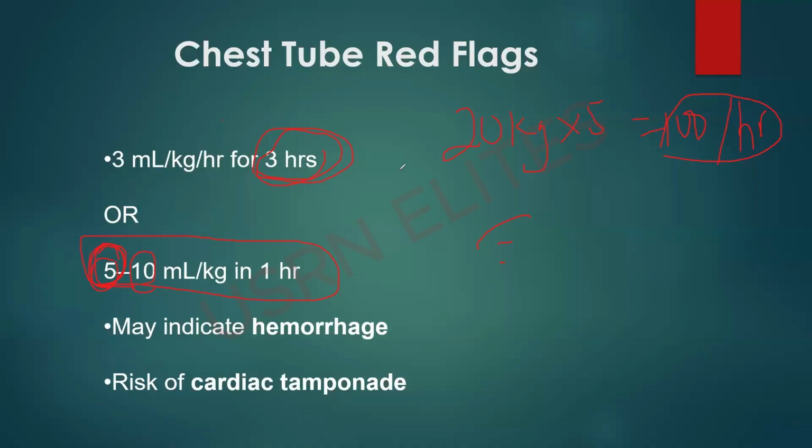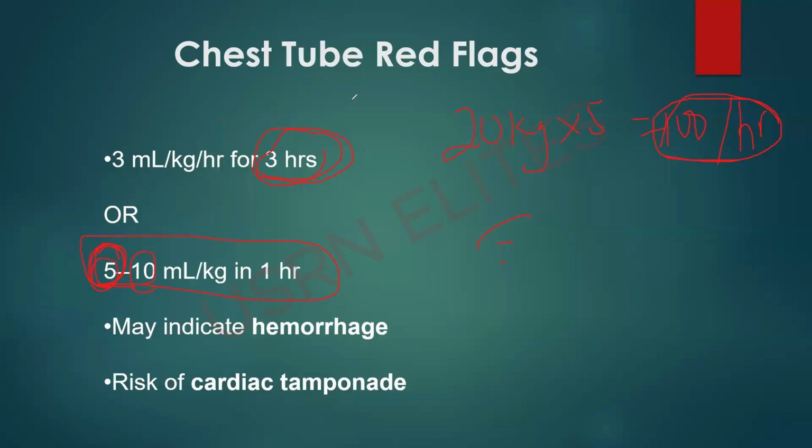That's why I showed you that first page. Whenever you see anything like more than 100 mils per hour, don't even consider it to be normal. If anything, it should be up to 100 or less. If it's more than that, don't consider it to be normal per hour.